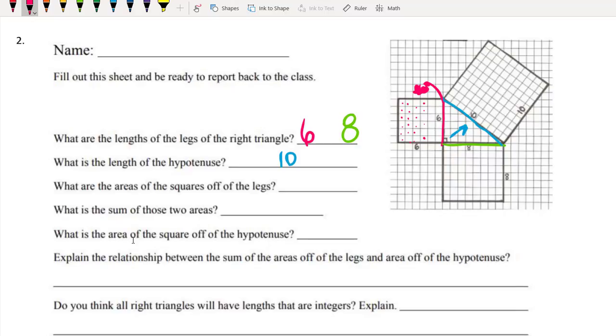Or you could also do 6 times 6 for the area of this square, and that would be 36. This one would be one where I would not want to count. 8 and 8 are the lengths of the sides of the square, so 8 times 8 is 64 for this area.